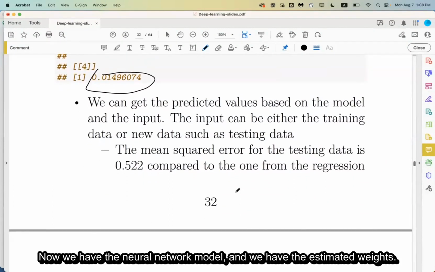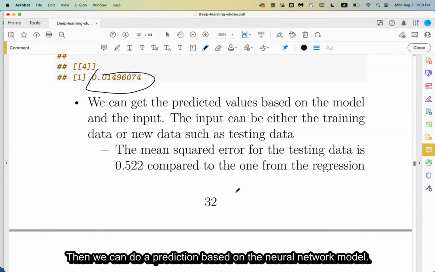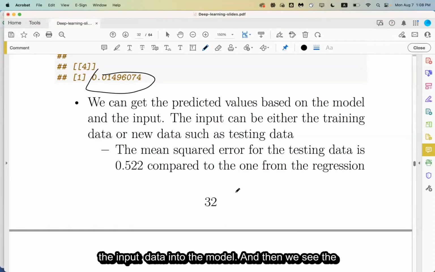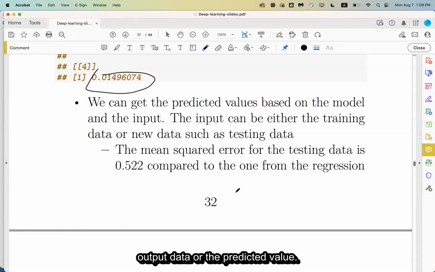Now we have the neural network model, and we have the estimated weights. And then we can do a prediction based on the neural network model. Doing prediction again, we feed the input data into the model, and then we see the output data or the predicted value.